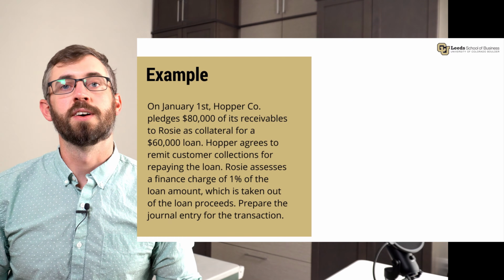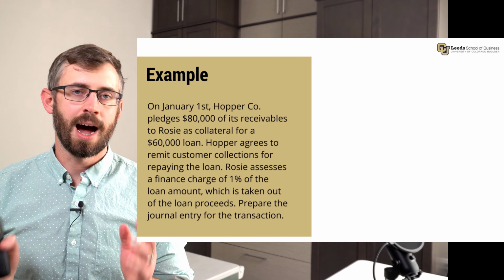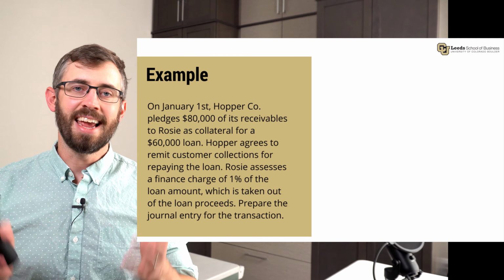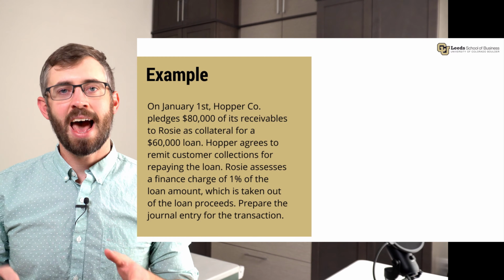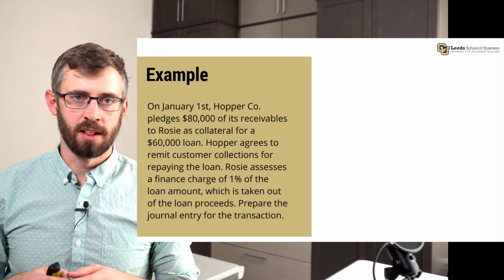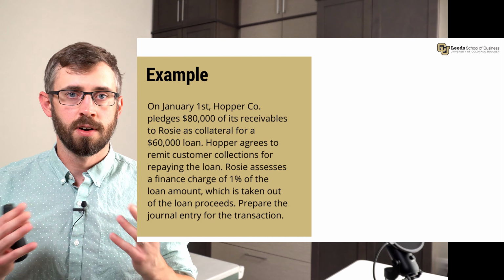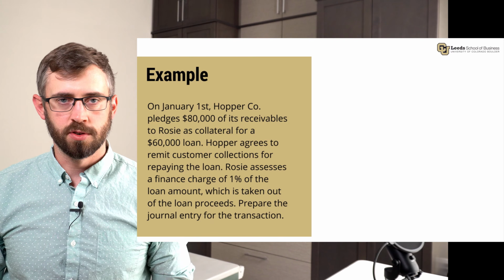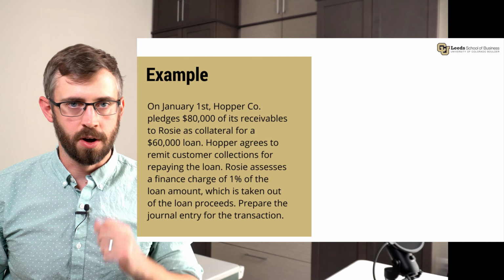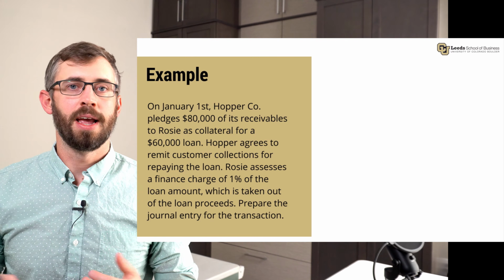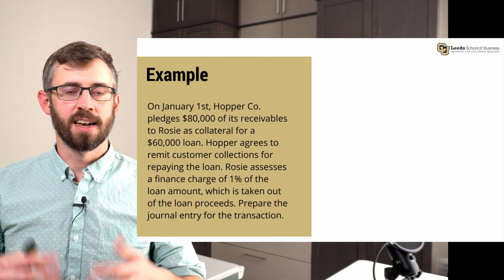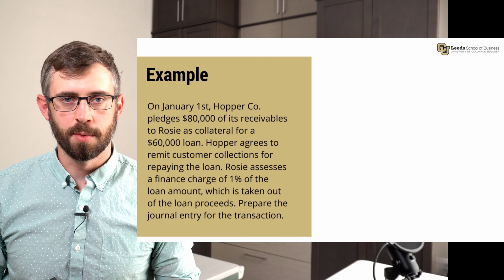So let's look at a simple example here. On January 1st, Hopper Company pledges $80,000 of receivables as collateral for a $60,000 loan from Rosie. So Rosie is loaning $60,000 to Hopper, and these receivables will be the collateral for the loan. If Hopper does not pay this loan back, Rosie can come in and collect these receivables.